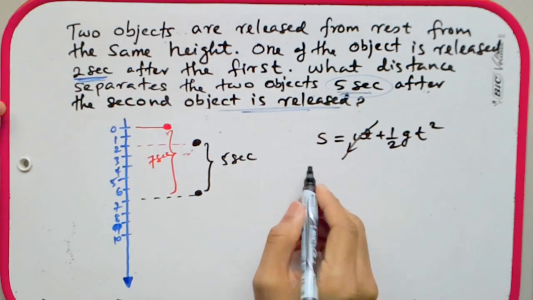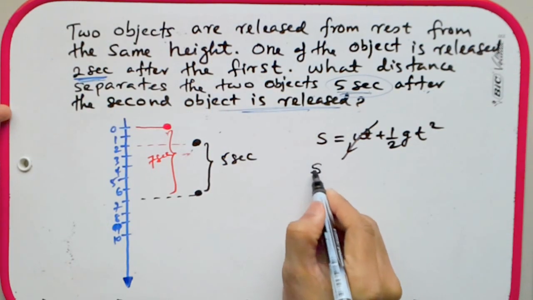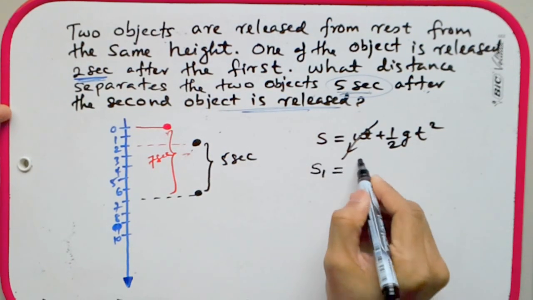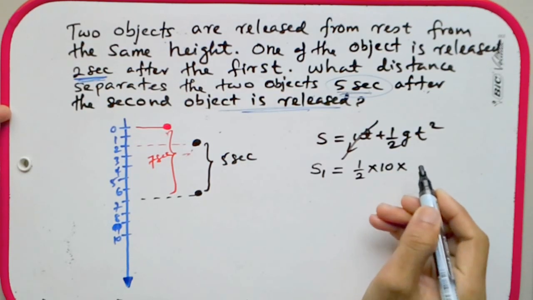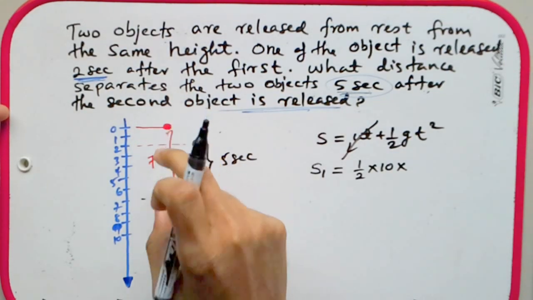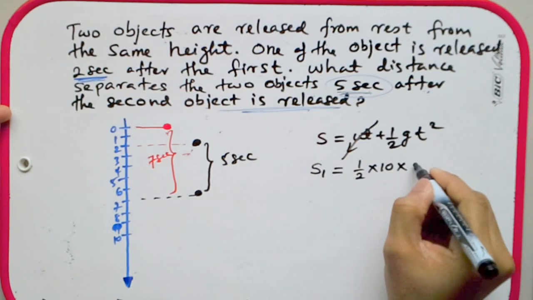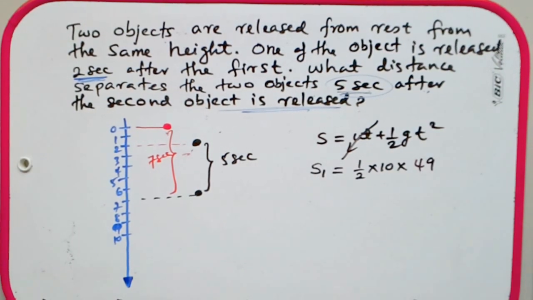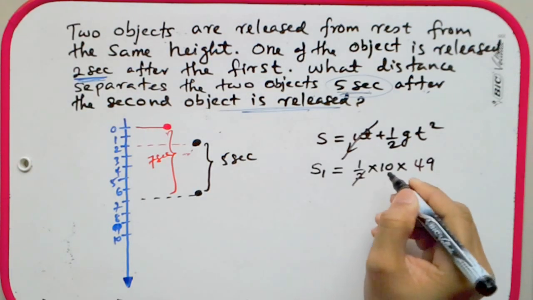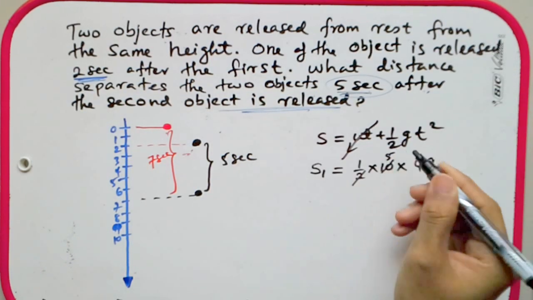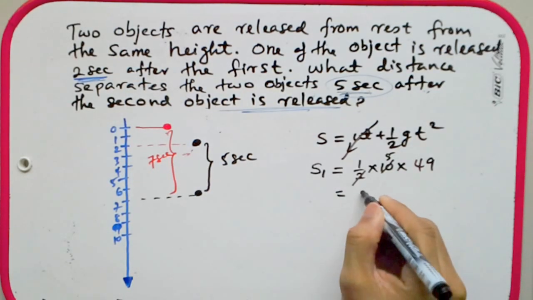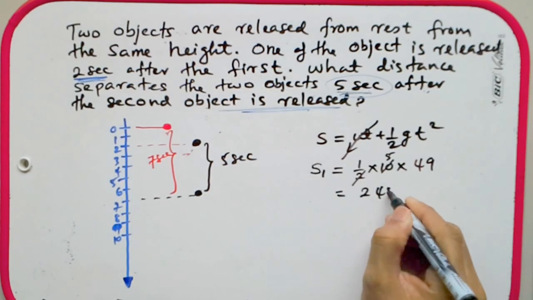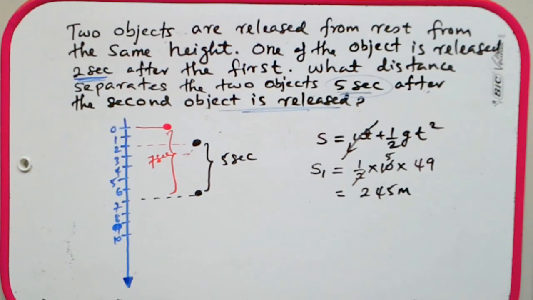For the first object I'll say s1 is equal to half g, g is 10. What about time? For the first object it is 7 seconds. So 7 squared is 49. So half of 10 gives you 5, and 5 times 49 is 245 meters.